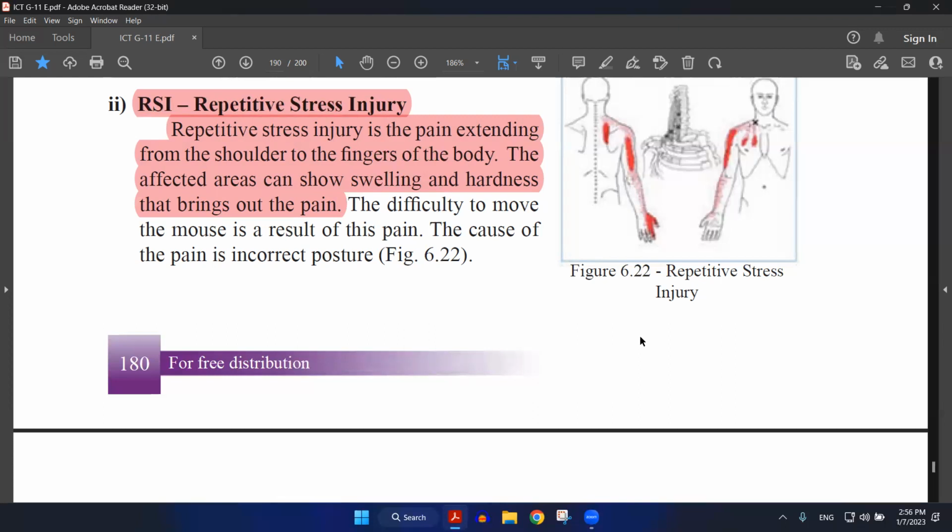Right, are we done with the RSI? Anyone who is still writing regarding the RSI? Okay, Udamya, finish it up.